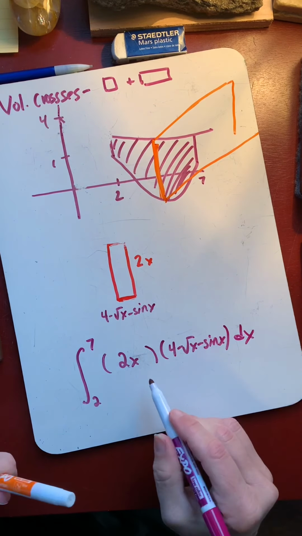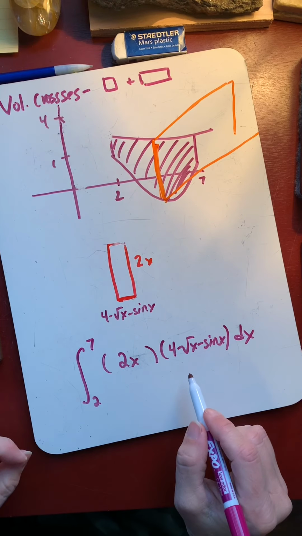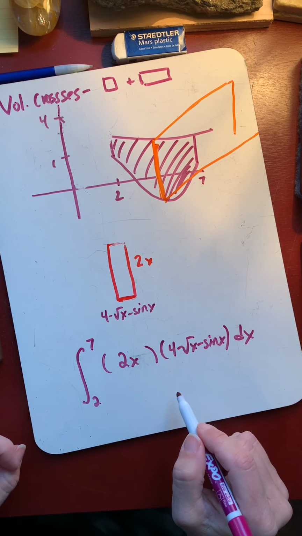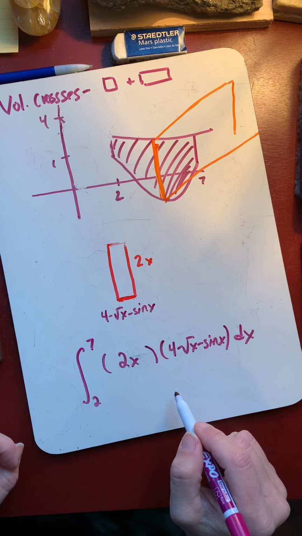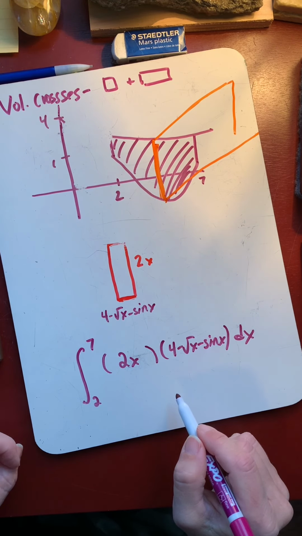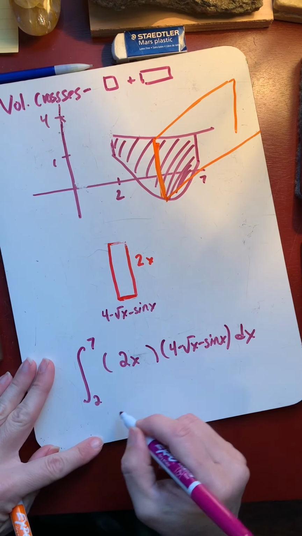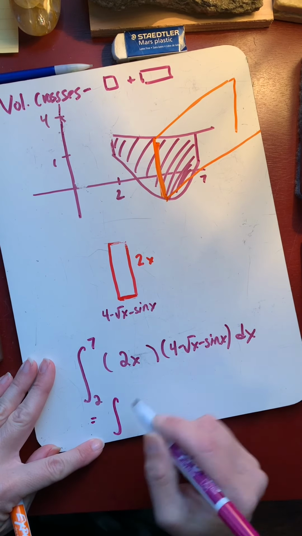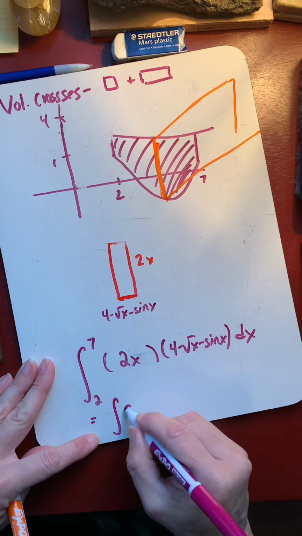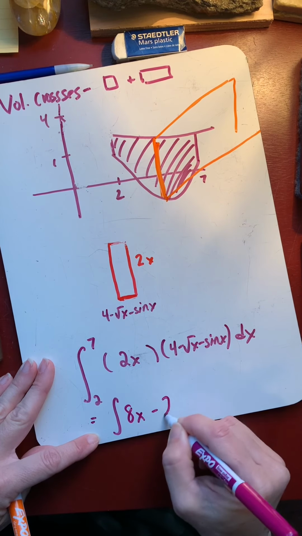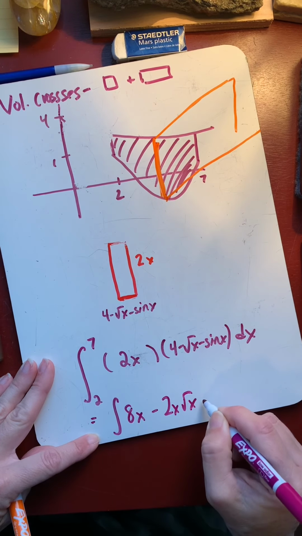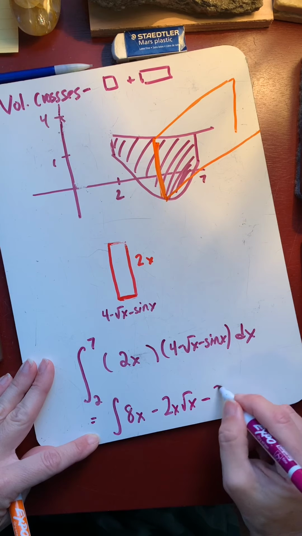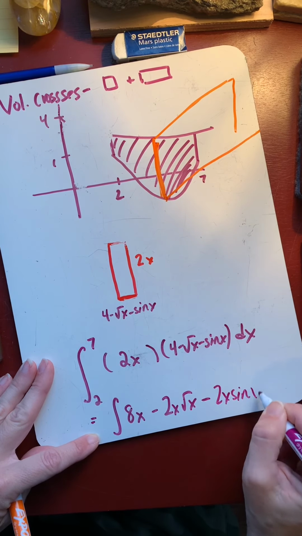So there is my work. Looks like they, I don't know what the heck they did. Let's distribute this. So I have 8x minus 2x root x minus 2x sine x.